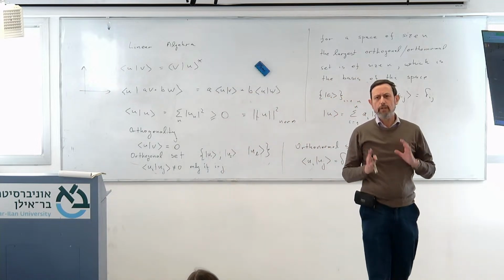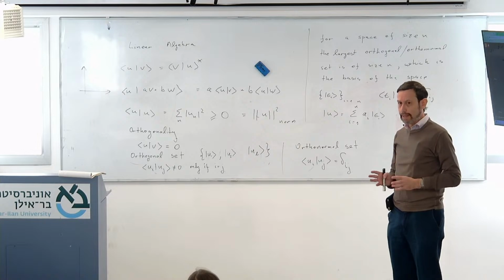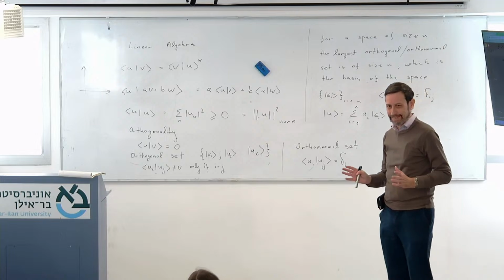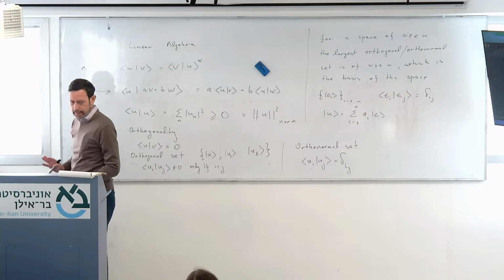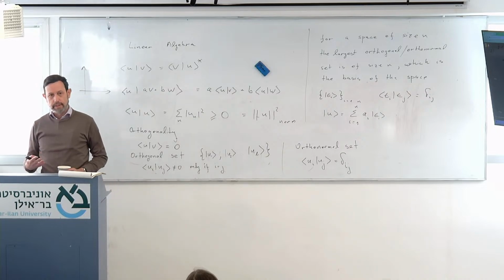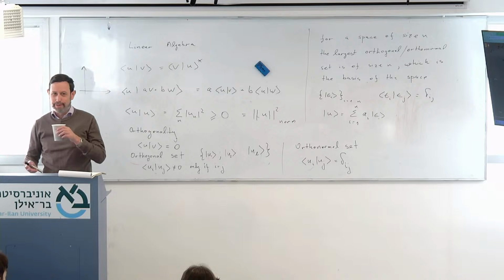So there's nothing unique about a basis. We will see that in quantum mechanics there is something unique about bases. But from the point of view of linear algebra, no. Choose any basis you want, all of them are kosher.